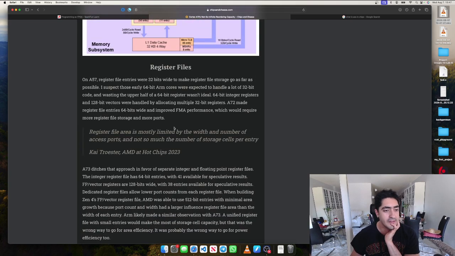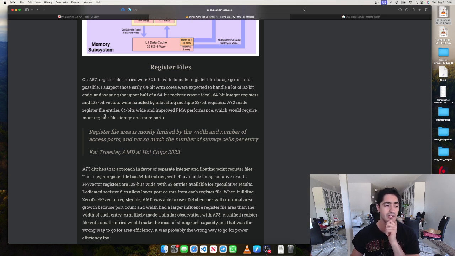On A57, register file entries were 32 bits wide to make register file storage go as far as possible. I suspect those early 64-bit ARM cores were expected to handle a lot of 32-bit code, and wasting the upper half of a 64-bit register wasn't ideal. 64-bit integer registers and 128-bit vectors were handled by allocating multiple 32-bit registers.